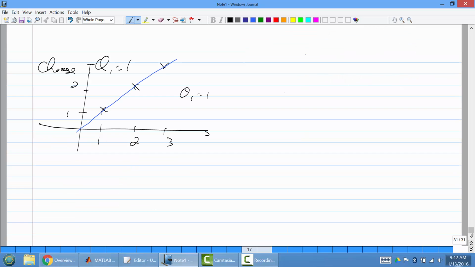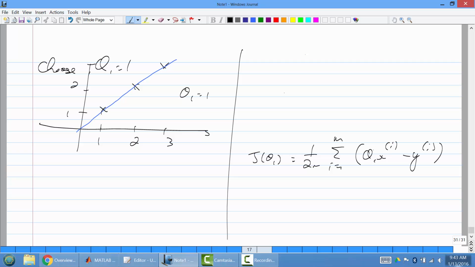So let's see here. You get J of theta 1.